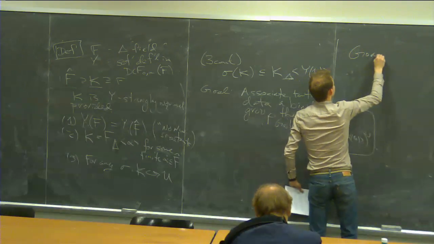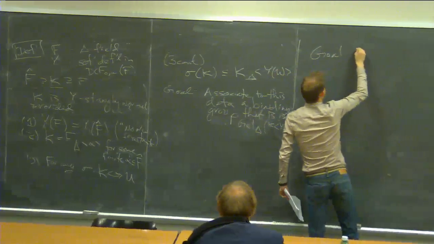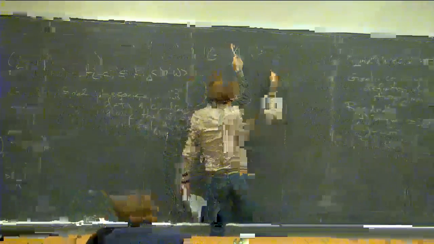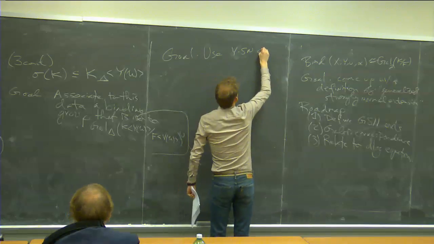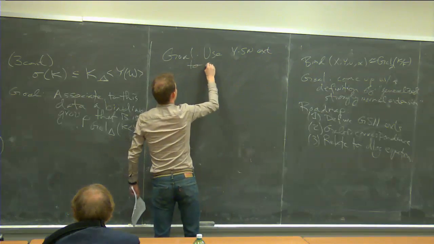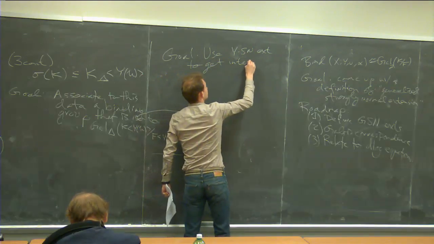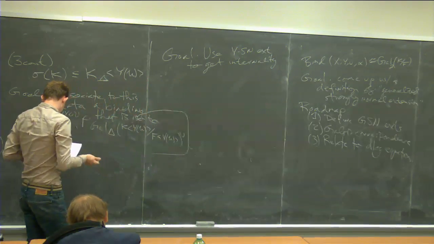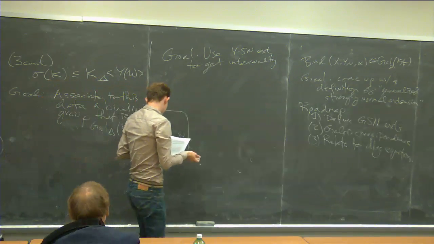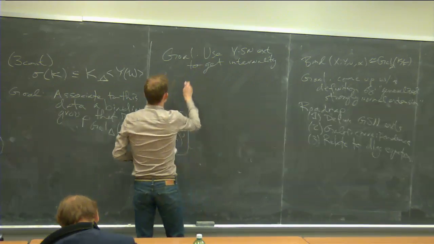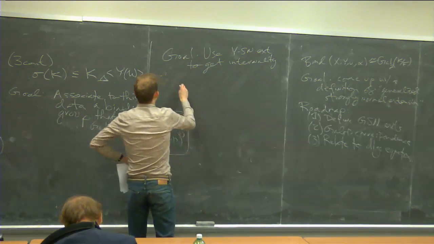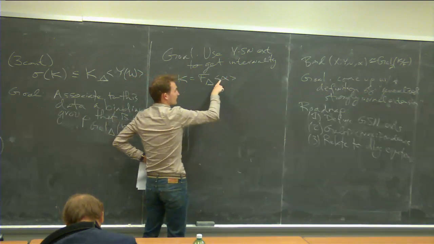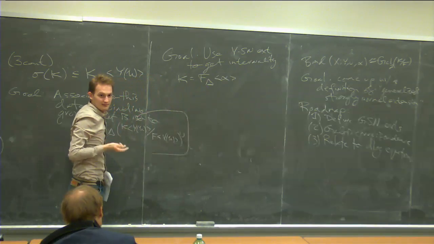So goal: use the structure of a Y strongly normal extension to get internality. And here's how we're going to do it. By definition, we have that K is generated by some finite tuple alpha, right?